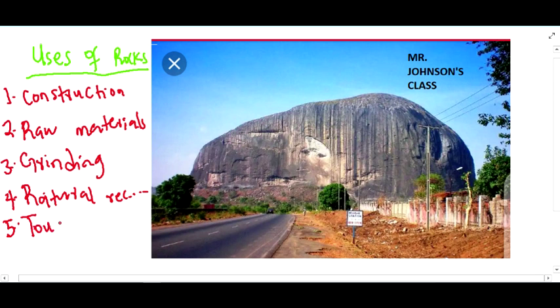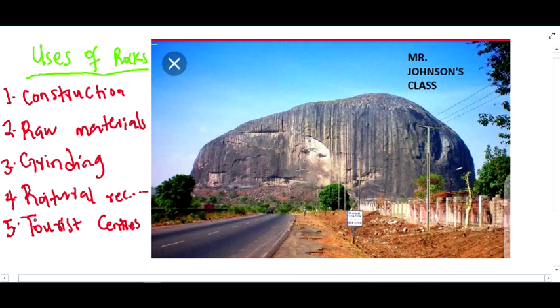And then some of them are tourist centers. You know some of these beautiful places. People like to go and have a time with their family, loved ones, and friends. If you watch this rock, it looks so beautiful. So some persons go here for having a good time, relaxing, watching, taking pictures and all that. So it serves as a tourist center.